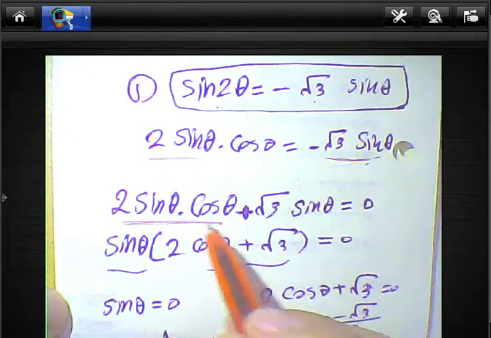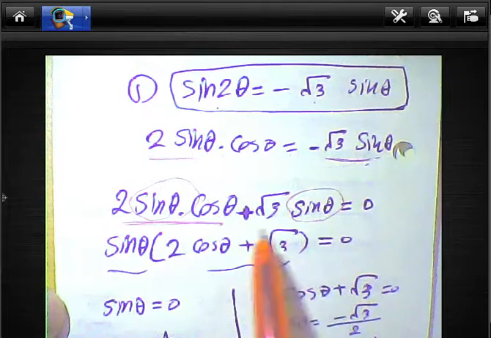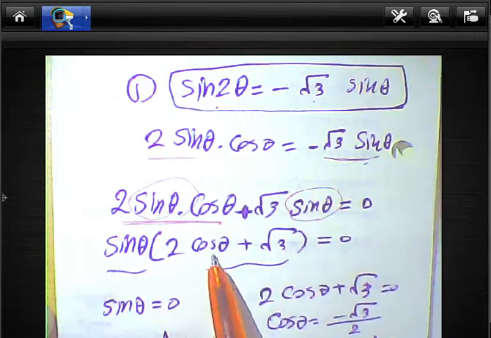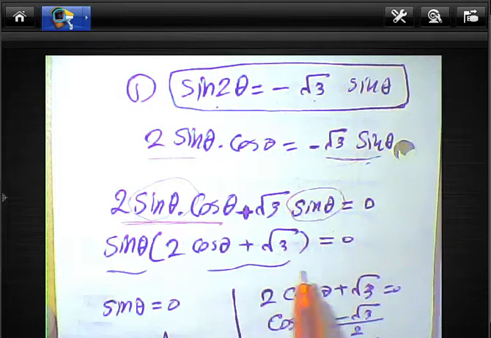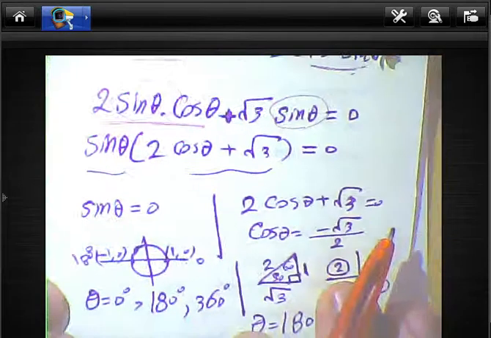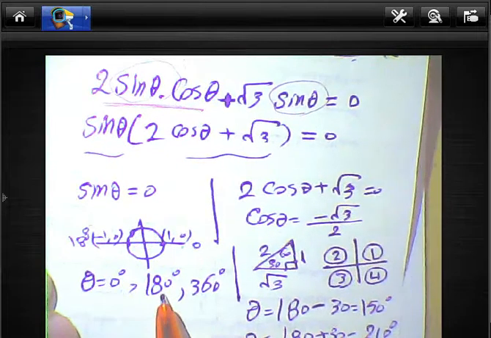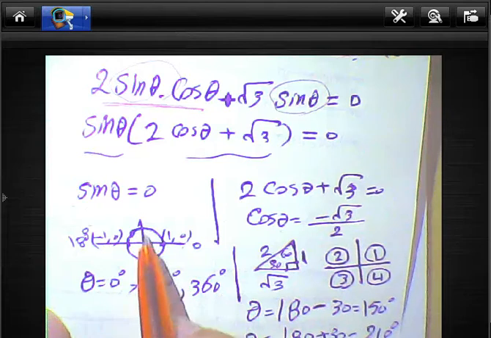We take sine theta outside as the common factor between the two terms, and the result will be sine theta multiplied by 2 cosine theta plus root 3. We have two terms: first equals 0 or second equals 0, so sine theta equals 0, and then theta will be 0 or 180 degrees or 360 from the unit circle.